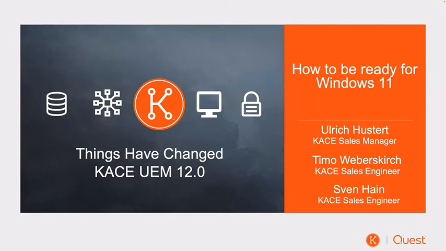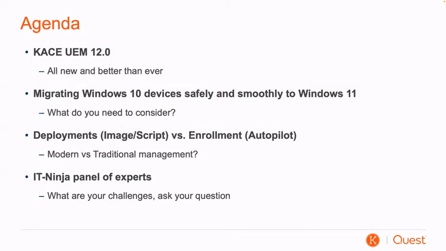So Sven, can you jump on the next slide, please? So our agenda today, as the title already says, how to be ready for Windows 11. That will be our big focus. But we first want to take a look at our new version, our new Quest KACE UEM version 12.0, which was released in December. We'll introduce the new features and show you the changes for those who know KACE already.